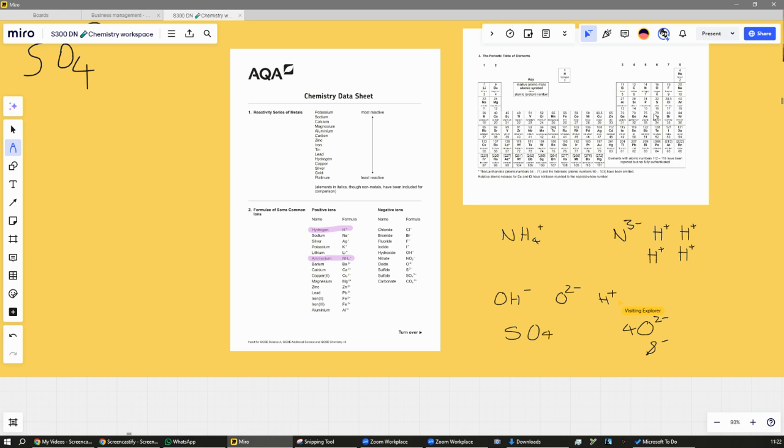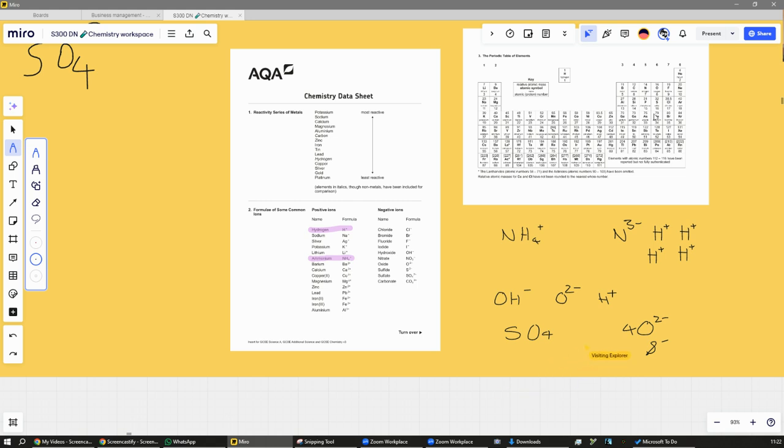Because if I gave it a negative charge, it's going to give me a hugely negative charge, right? Because it's already 8-. If I say sulfur is also 2-, then we're going to say that this is a 10- charge. Well, it's not that, because part of this we can imagine is positive and part of it's negative.